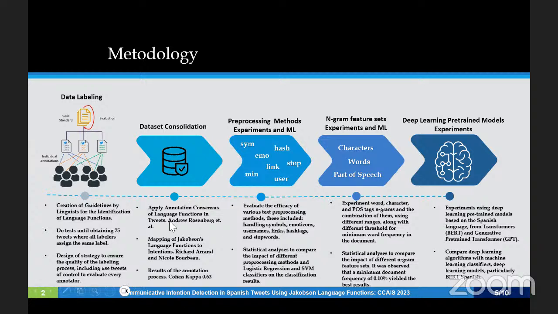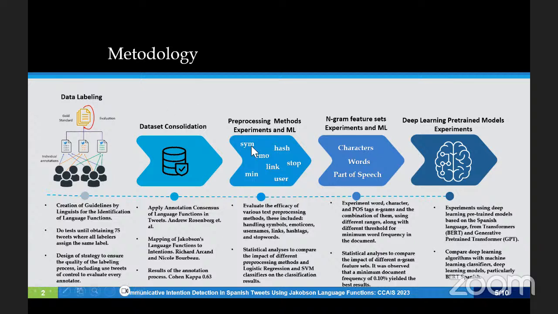Finally, in that step, the result of the annotation process was a Cohen's kappa of 0.63, which is a substantial agreement between annotators.